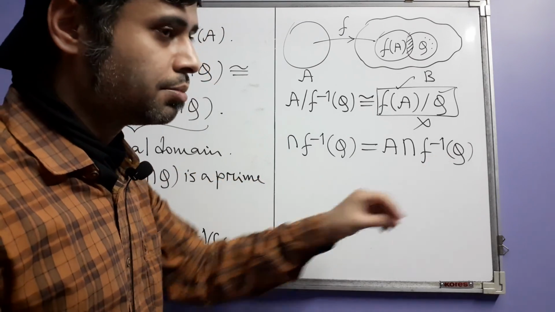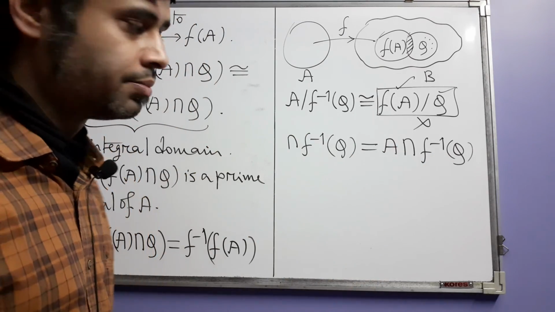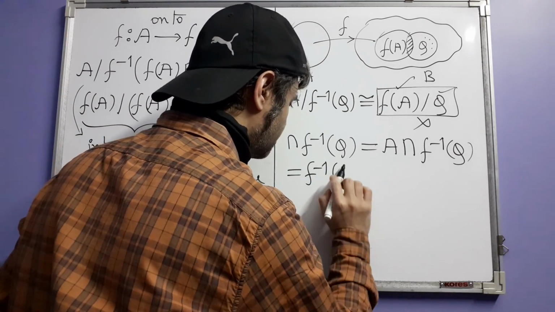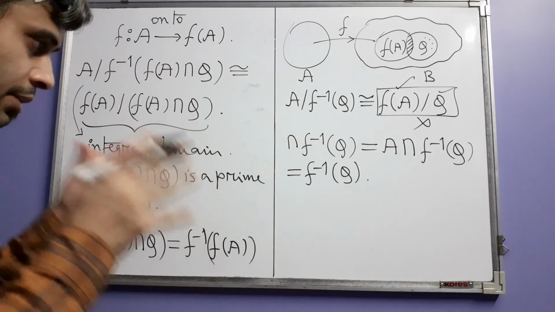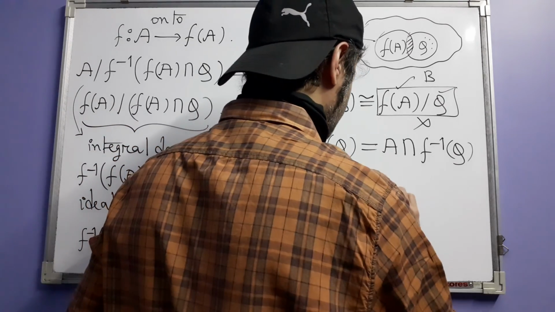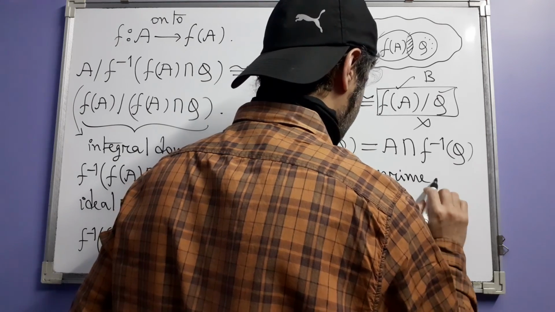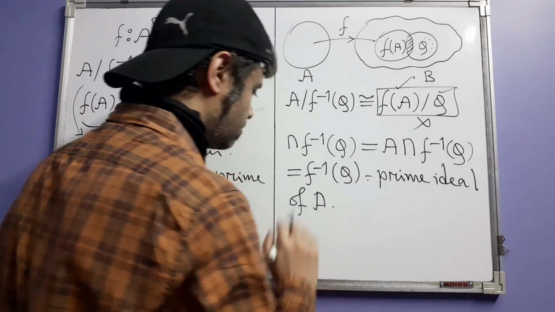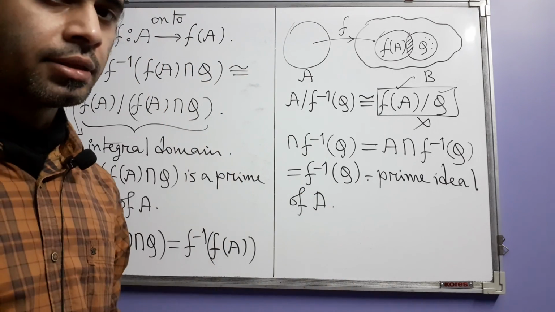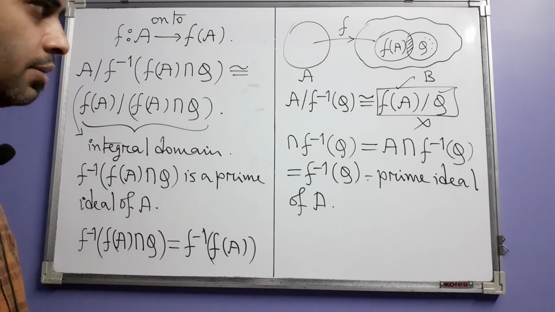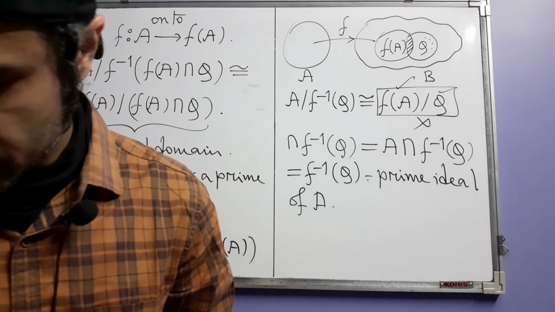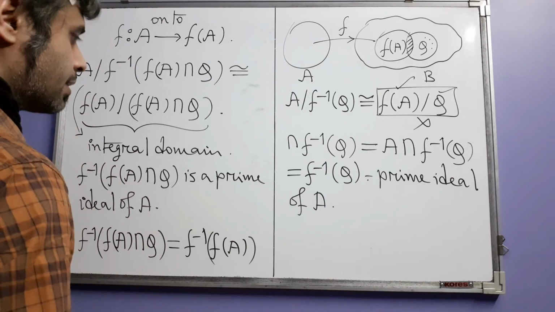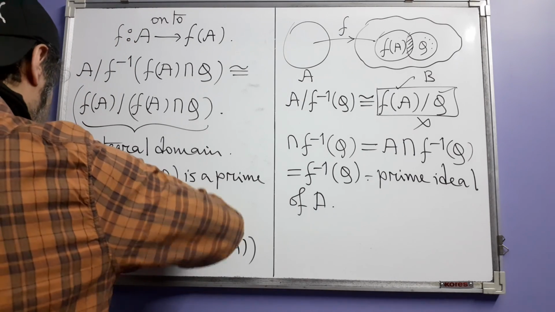This inverse image by definition is a subset of A, and that is why, very nicely, we are getting f inverse of Q. So that's how this itself is a prime ideal of A. So this is the entire thing. So this issue has been completely answered, and now we can start our main thing for tonight.